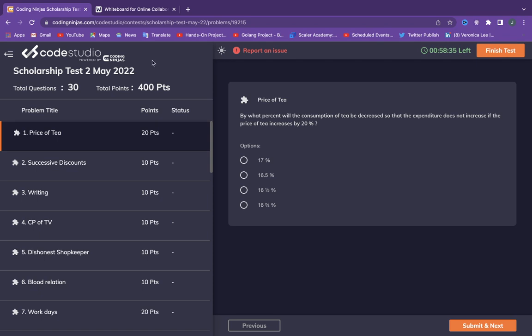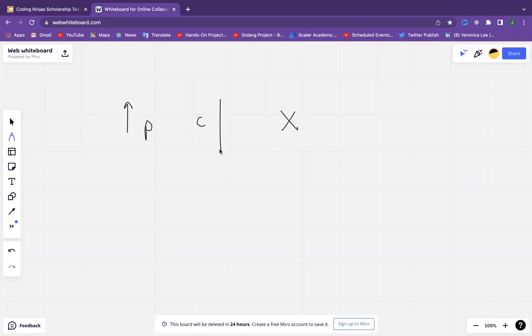Right. So how much should this decrease such that this remains constant? So this basically got multiplied by 0.8. So we have to multiply by 0.8 here. But divide by 0.8.